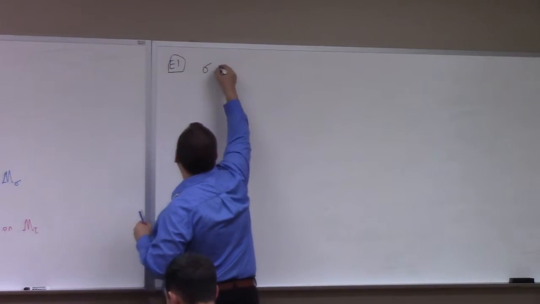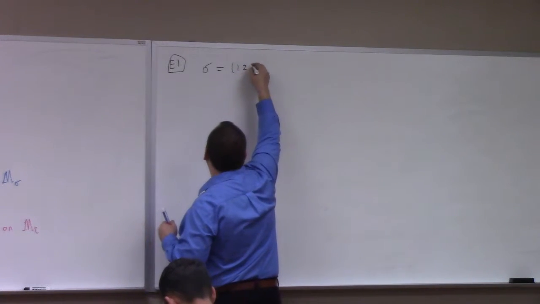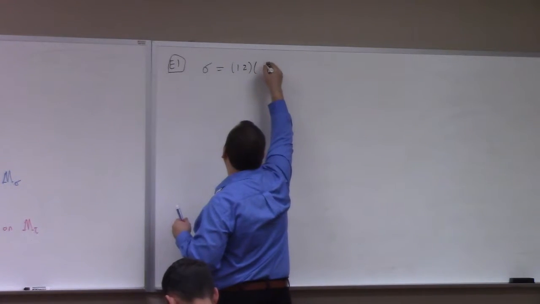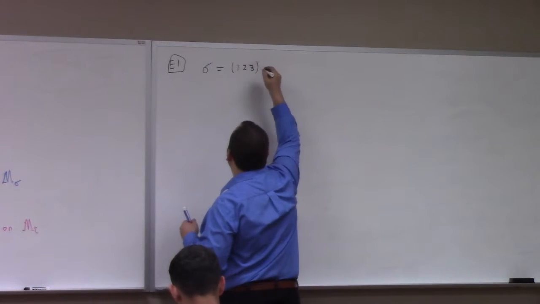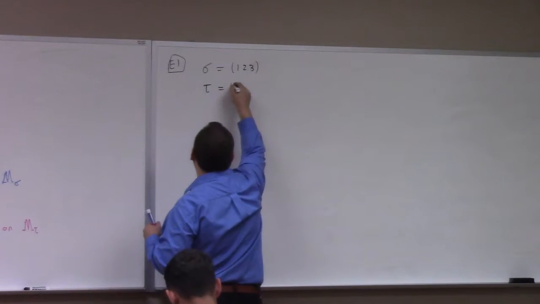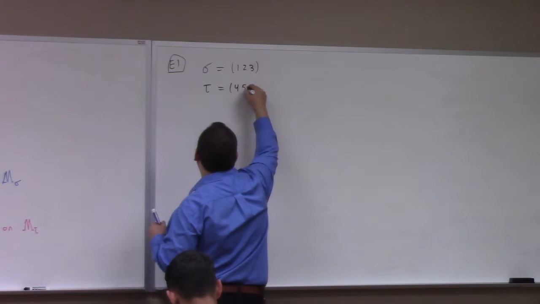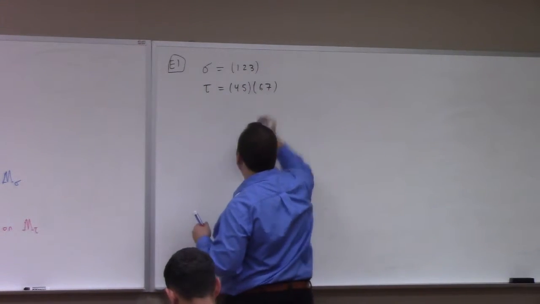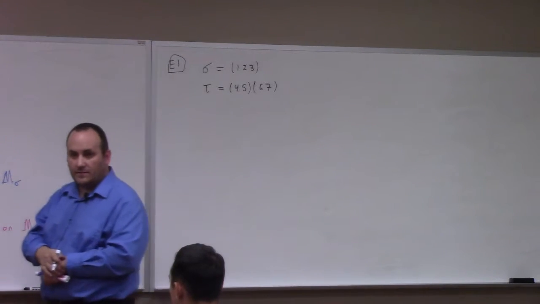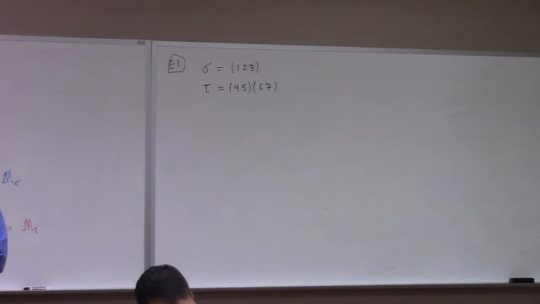If I have sigma is 1, 2, 3, and if I have tau is 4, 5, 6, 7, like that. I'm making this too complicated.